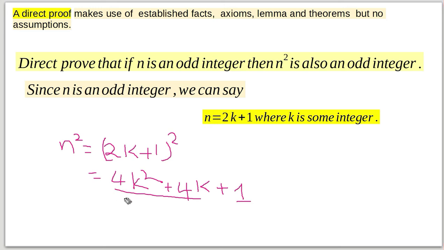So I factor 2 out, and then I would have 2(2k squared plus 2k) plus 1.